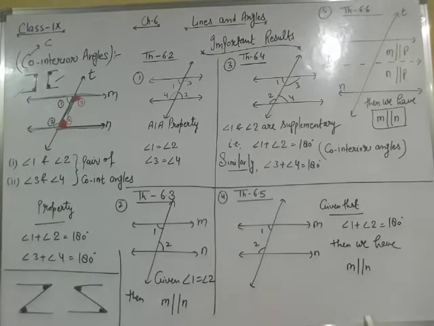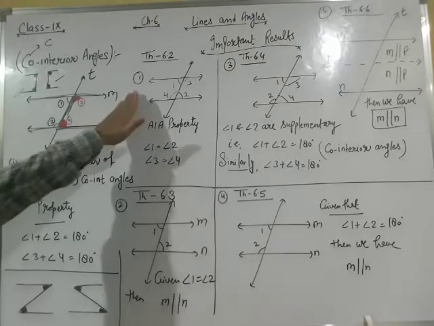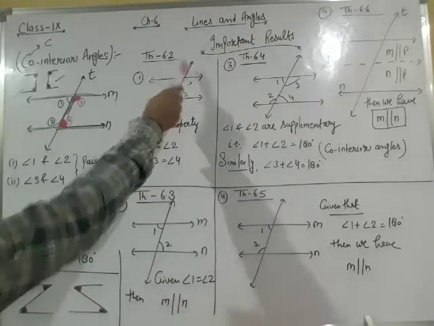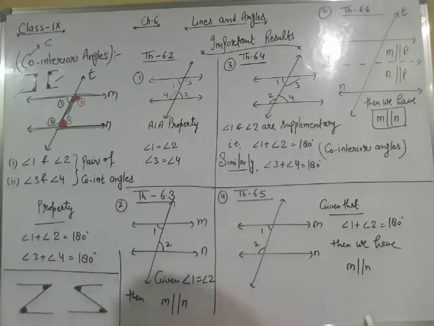right? Now move on to some theorems which will be applied to find the solutions of the problems of exercise 6.2 and further. So here is your theorem 6.2. According to theorem 6.2, if a transversal intersects two parallel lines, these are the parallel lines.